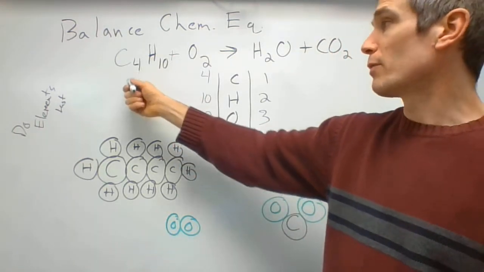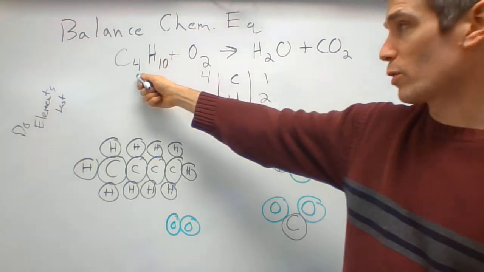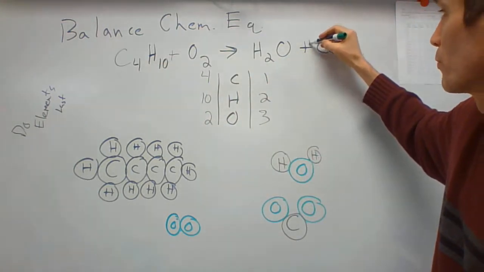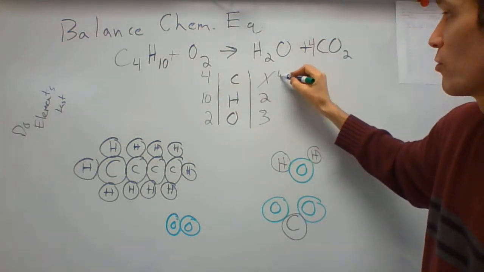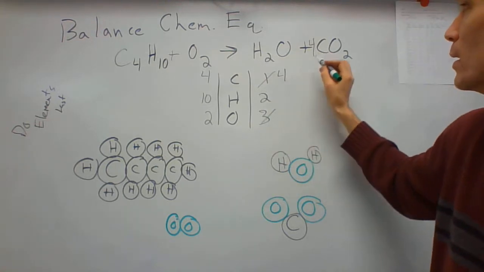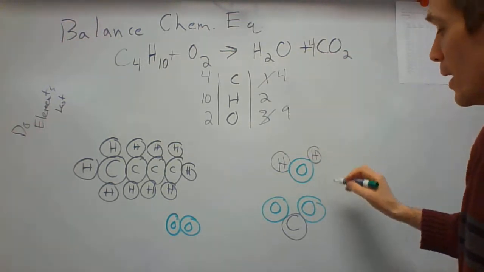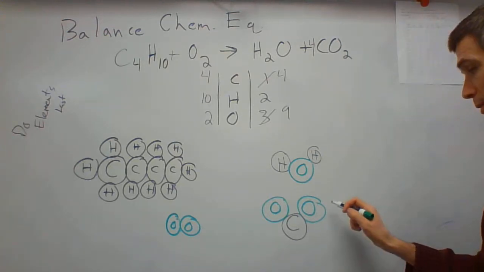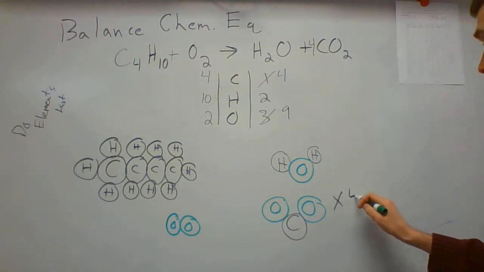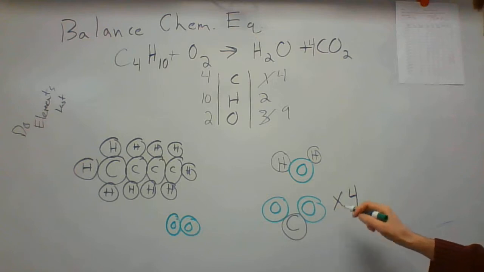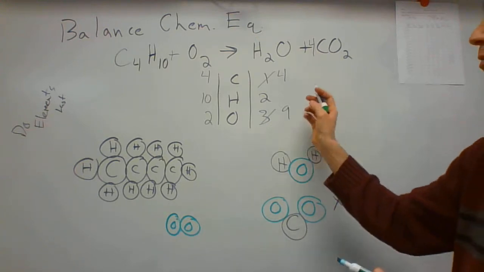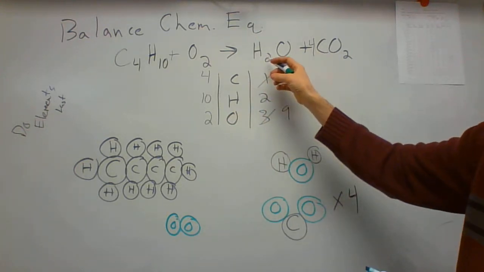Now, I've got 4 carbons here, and I've got 1, so I'm going to put a 4 there. That's going to change this to a 4 and give me 4 times 2 is 8, plus 1 is 9. And therefore I'm going to have 4 of these. So 1 times 4 is 4. Okay, now that balances out. Now I want to balance out the hydrogens.